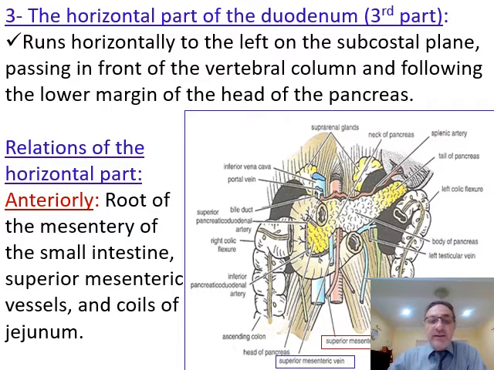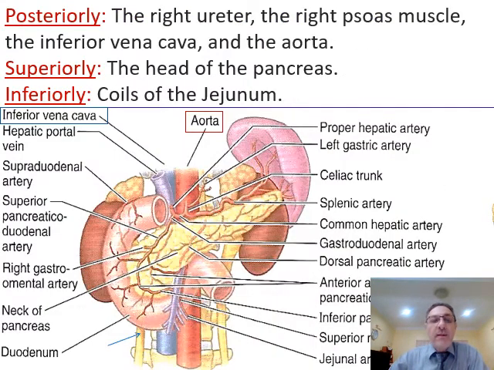Anteriorly, it is related to the root of the mesentery of the small intestine, and these are the superior mesenteric vessels, superior mesenteric artery and superior mesenteric vein, and also coils of jejunum are related to the anterior surface. Posteriorly, we have the right ureter.